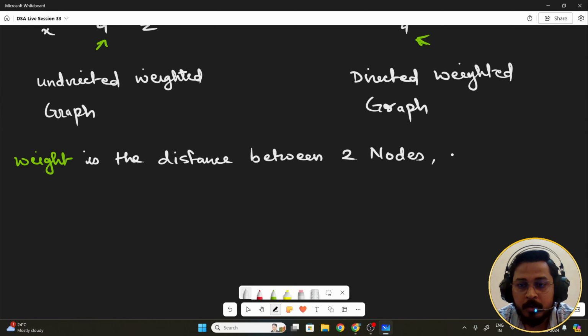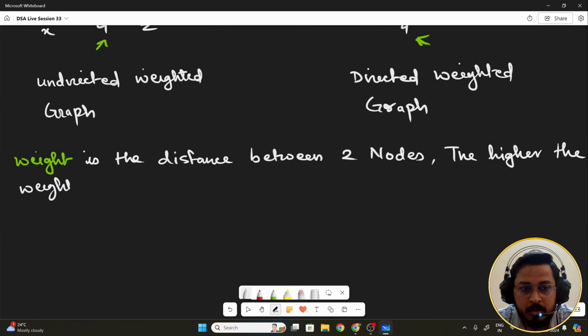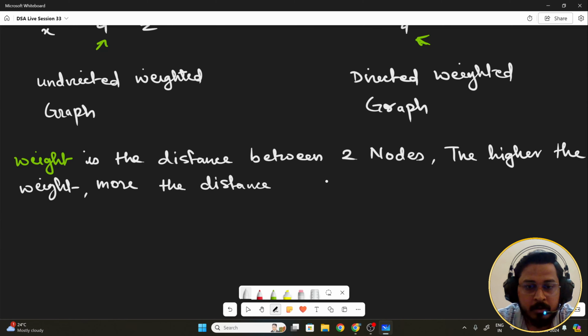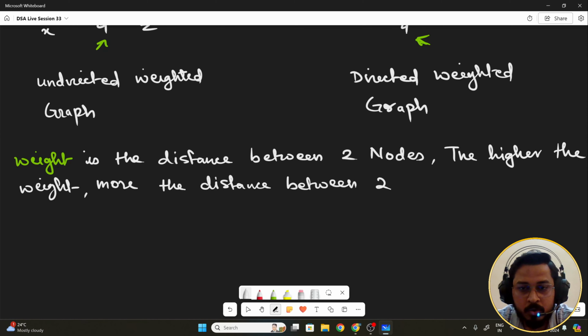Okay, the higher the weight, more the distance between two nodes.